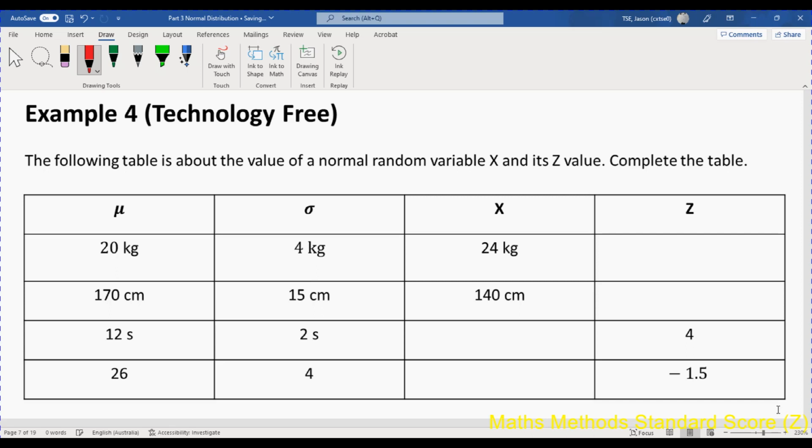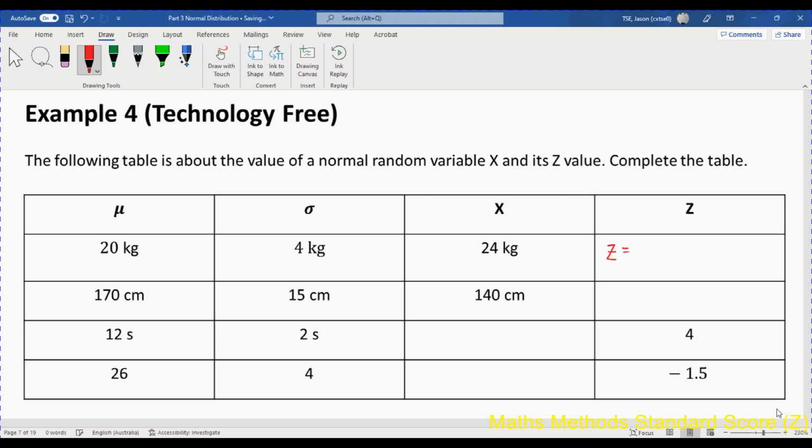Remember that random variable x belongs to a normal distribution with mean and standard deviation, and z is just the standard normal random variable. So the mean is 20, your sigma is 4 kilogram, and x is 24 kilogram. So is that x greater than normal? Yes. But to what extent is it greater, right? So you can find the z-score.